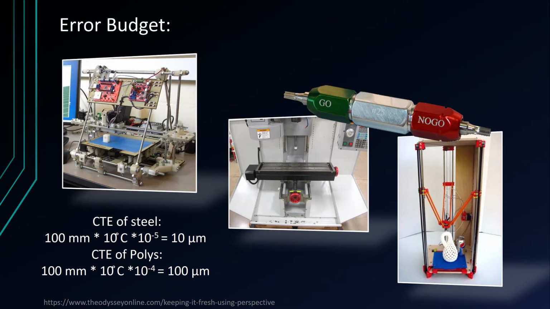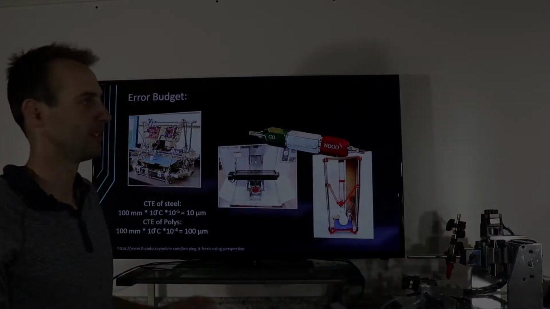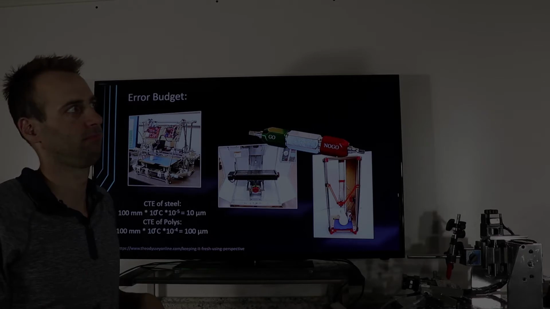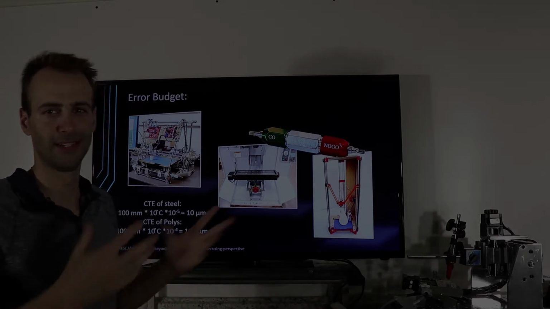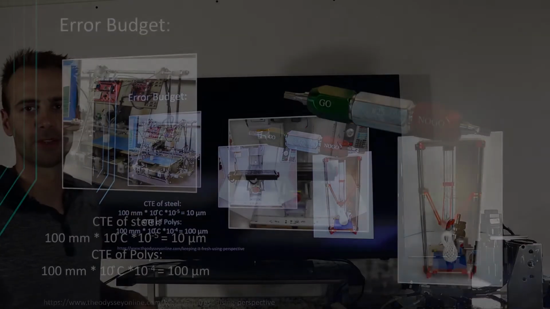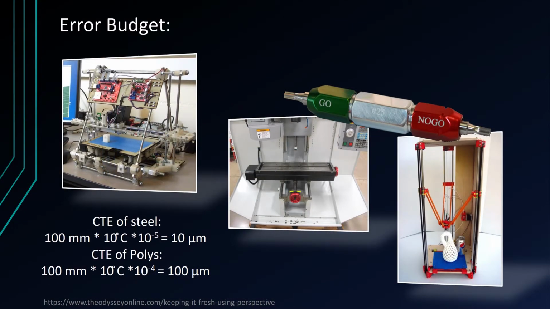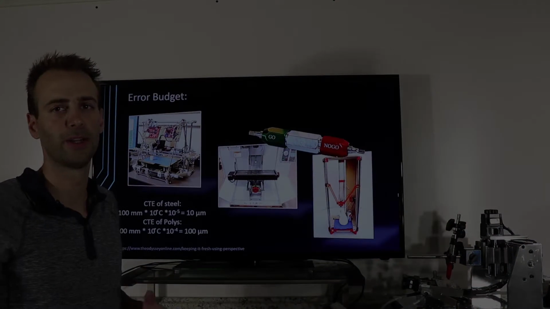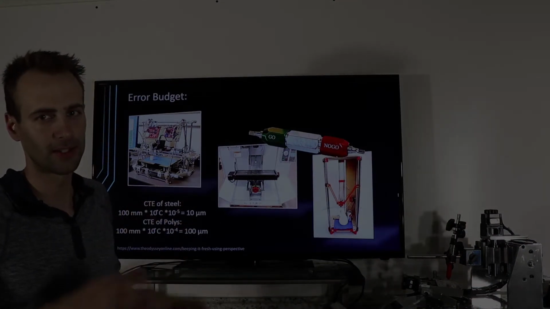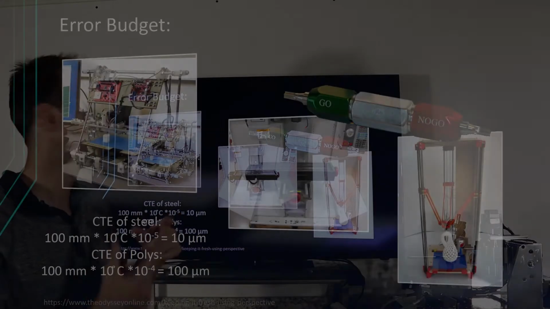On this slide, I have some examples of machines and talk a little bit about what to expect and why they're like that. So in this homemade RepRap machine, you can see there are all types of materials, right? There's steel all thread, or whatever you want to call it, threaded rod. There are plastic 3D printed joints, okay?